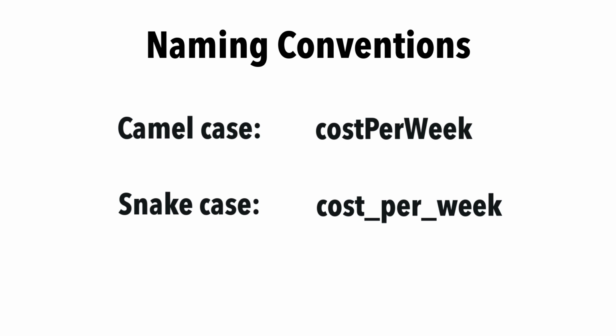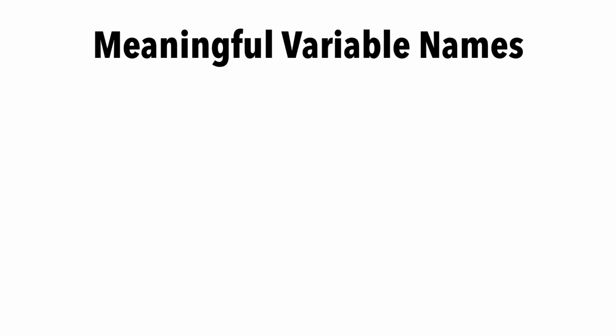However, since such naming conventions are not required by the language, it is not considered an error if you choose not to follow them. It is a good idea to give your variables names that describe the information they hold.